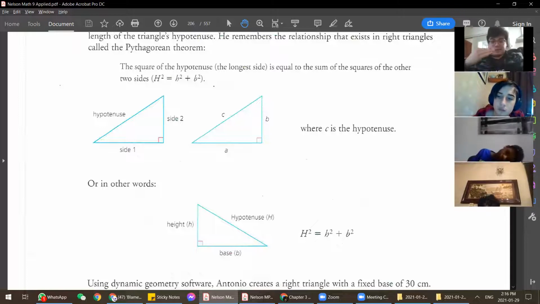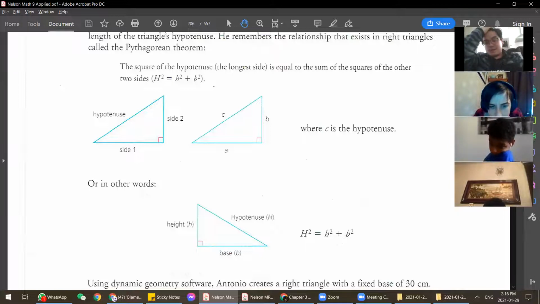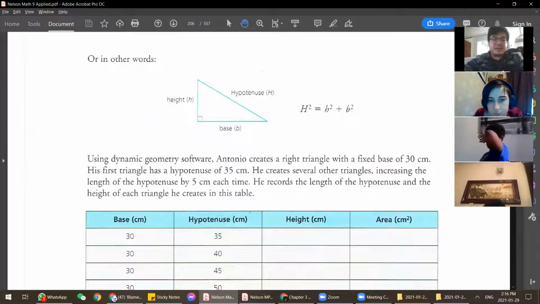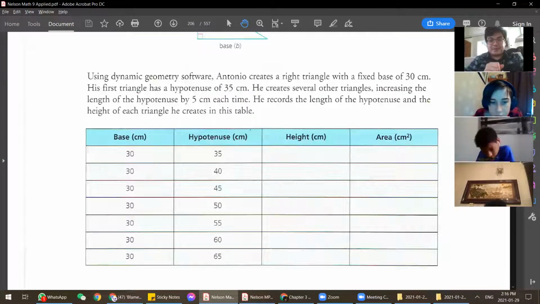The side at the bottom is called the base. And the diagonal side, which is called the hypotenuse, actually changes the height, because when you change two sides, the third side changes, right? If you change one side, the other side might not change. So there's a relationship between these numbers. Let's figure that out.